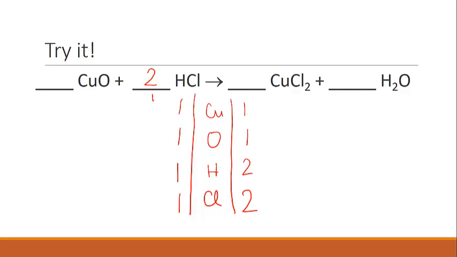So I always put a number in front of the formula first, and then I cross out the counts for all of the elements that are in that formula, and I recount. So I have 2 hydrogens now, and I have 2 chlorines. So that means that when I balanced my hydrogens, I also balanced my chlorines, and this is the only coefficient that I need to balance this chemical reaction.